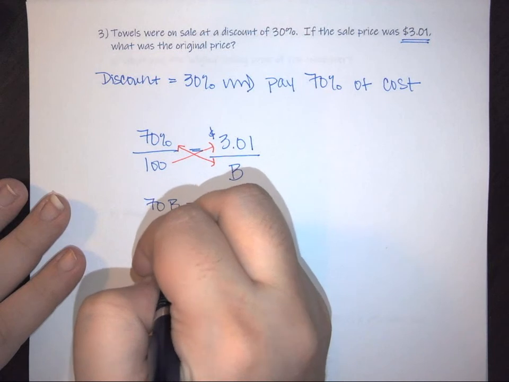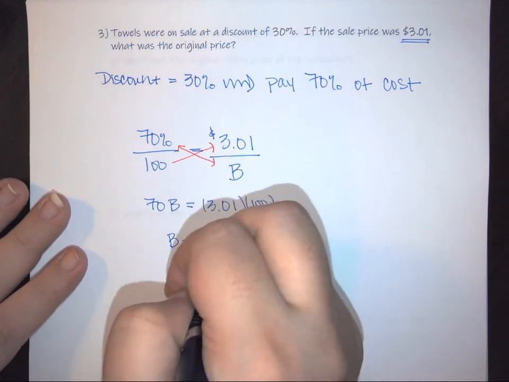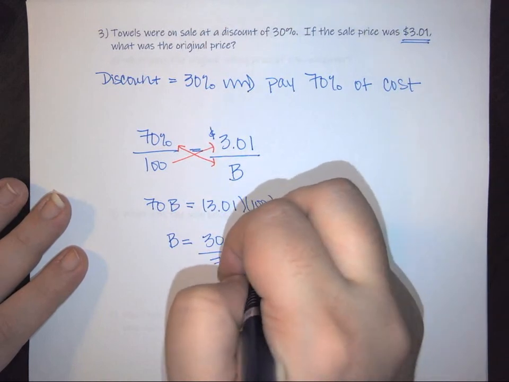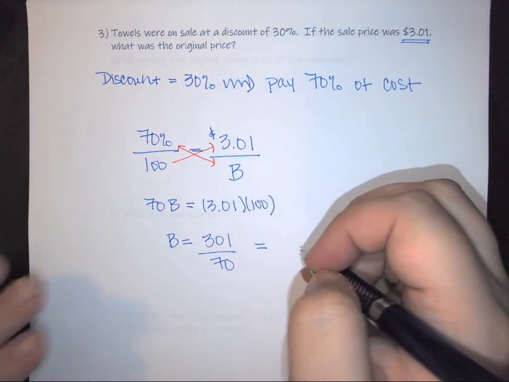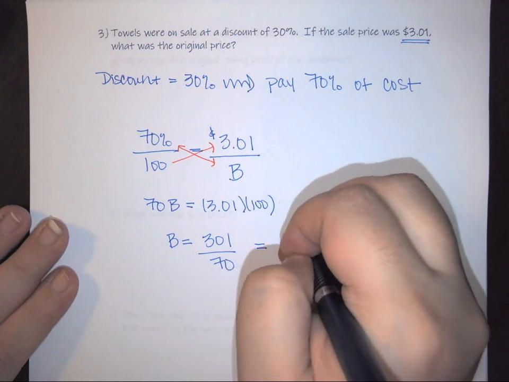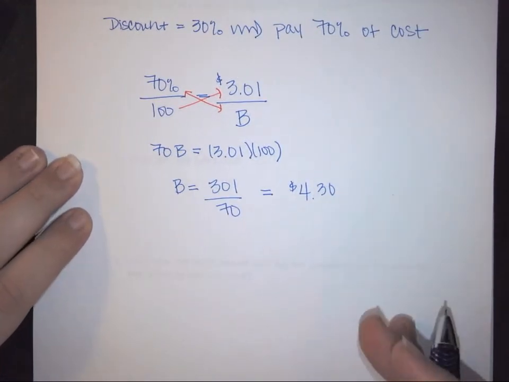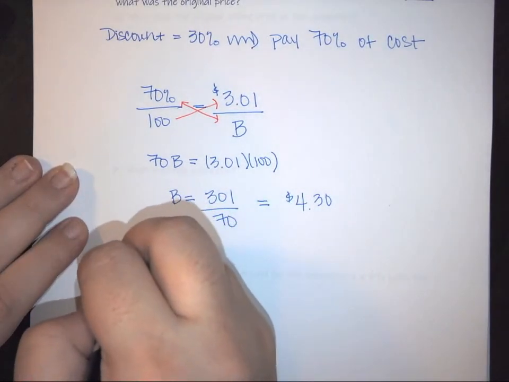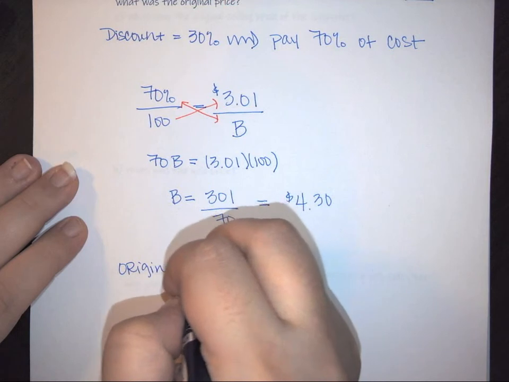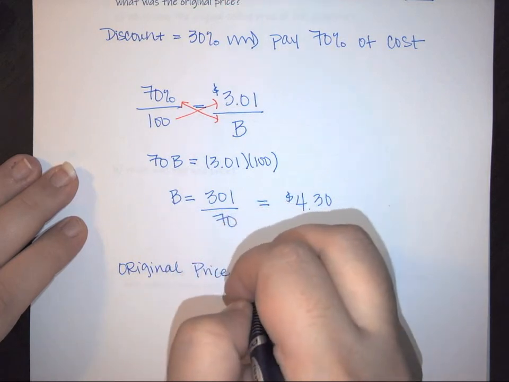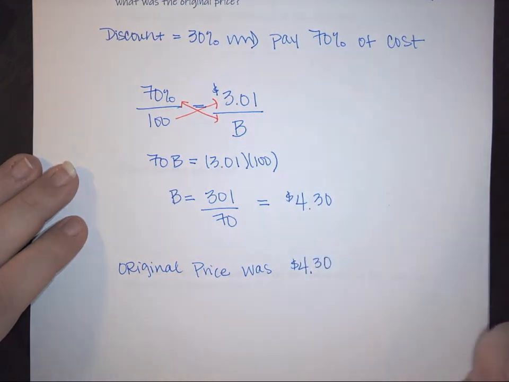So here we've got my B is going to be 301 divided by 70, which is going to give me $4.30. So what do we actually know? Well, this is telling us that the original price was my $4.30.